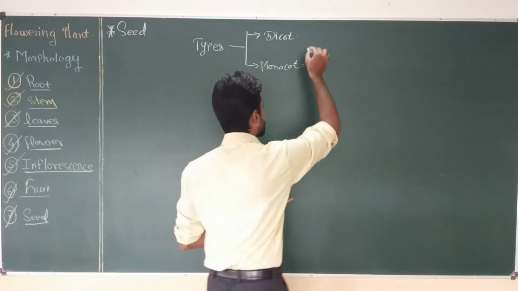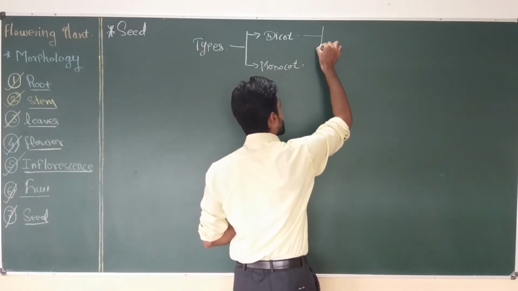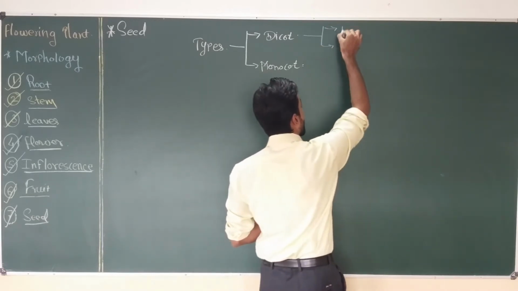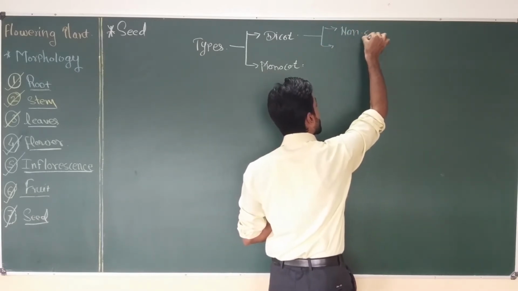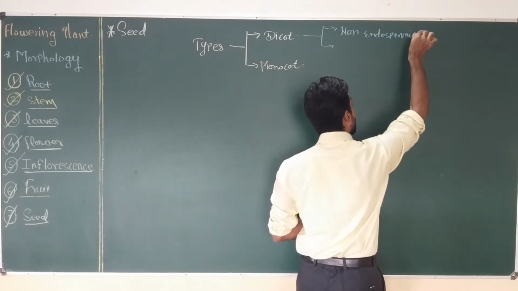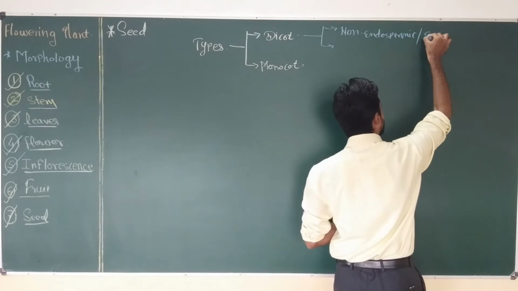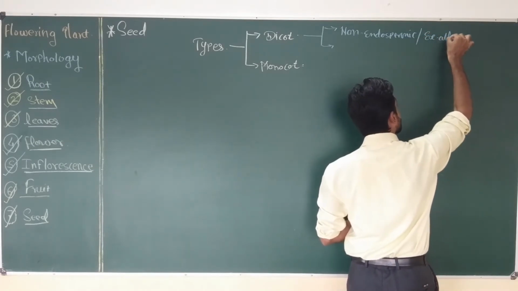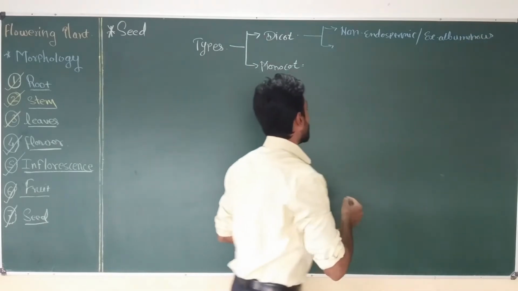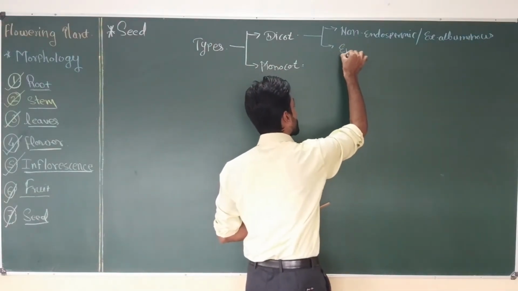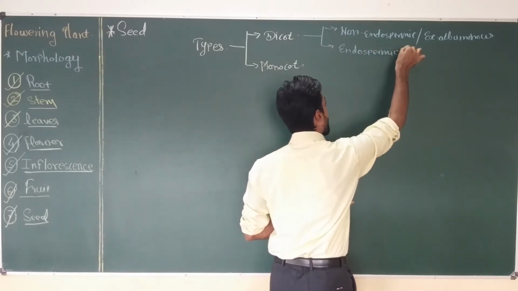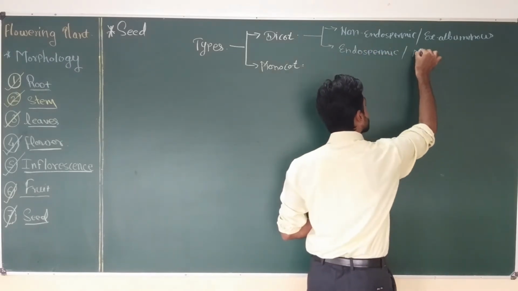So, dicot seed is further divided into two subtypes: non-endospermic, also called exalbuminous, and endospermic, or albuminous.